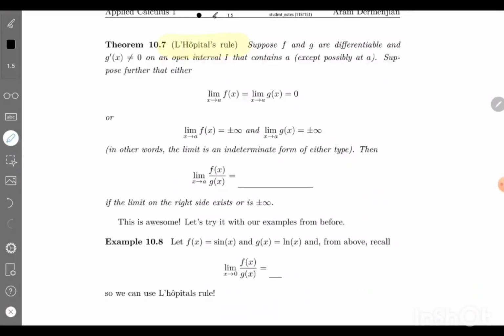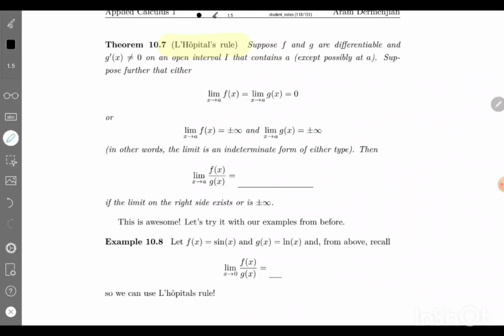And basically what we're saying is suppose that f and g are differentiable and that g prime of x is not equal to 0, so the derivative is not equal to 0 on some open interval. And we want to suppose that either both of their limits are equal to 0. So notice how we had 0 over 0, right? So we assume both of their limits are equal to 0, or we assume both of their limits are equal to plus or minus infinity.